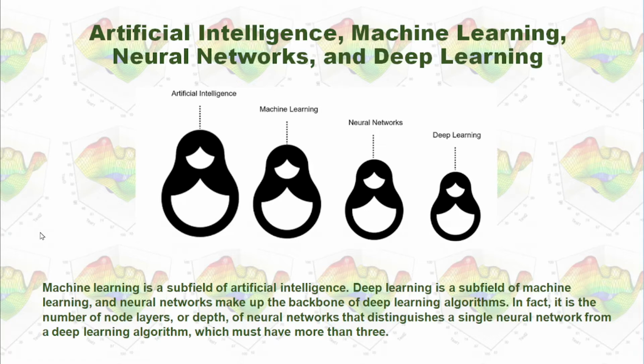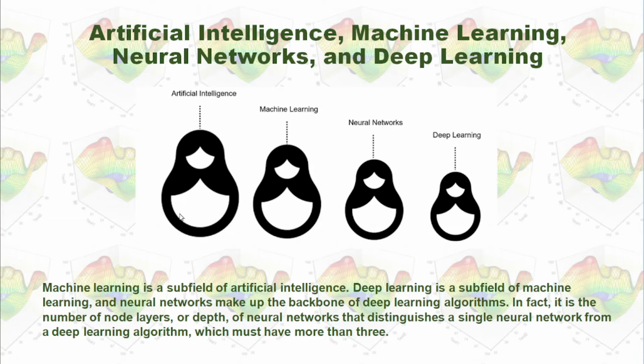Let's clarify the relationships among artificial intelligence, machine learning, neural networks, and deep learning. Machine learning is a subfield of artificial intelligence, and deep learning is a subfield of machine learning, and neural network is in between.